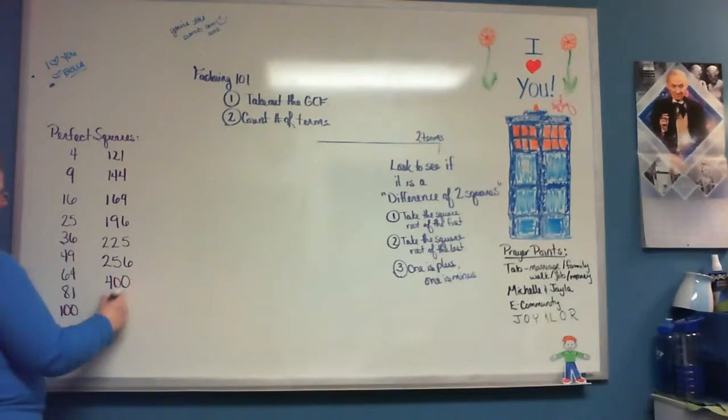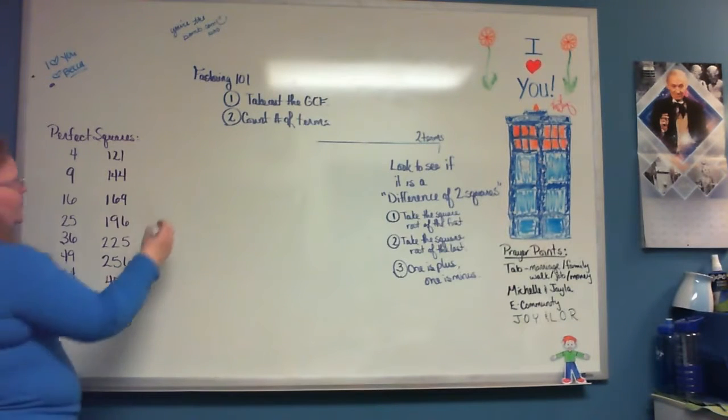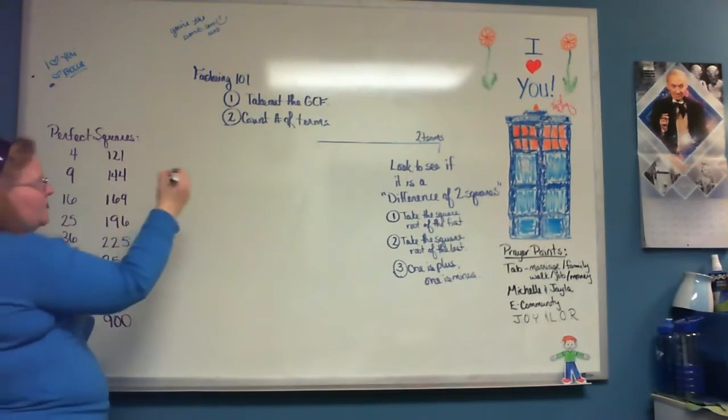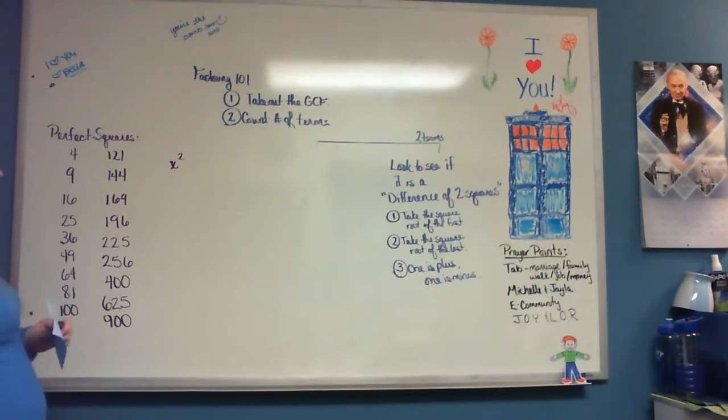400 is a perfect square because it's 20 times 20. 625 is a perfect square because it's 25 times 25. And 900 is a perfect square because it's 30 times 30. But something you don't think about being a perfect square would be x squared. That's a perfect square because it's x times x.